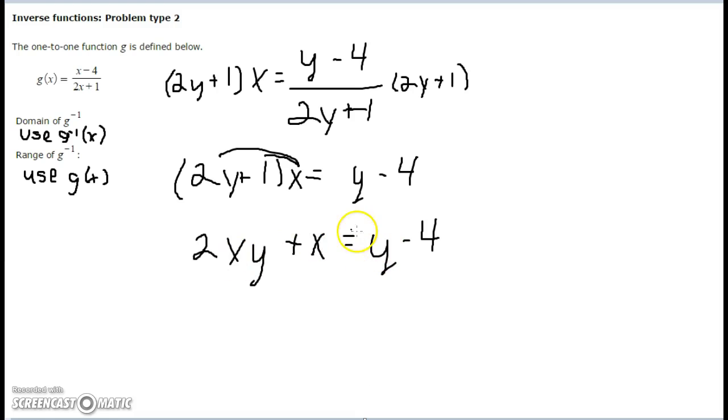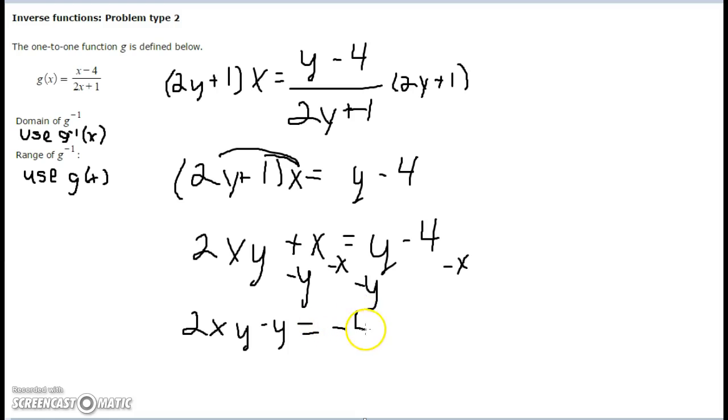And now I need to get my y's on one side and my x's on the other. So I'm going to minus y to come over to this left side, and I'm going to minus the x over to the right side. So that gives me 2xy minus y equals minus 4 minus x.